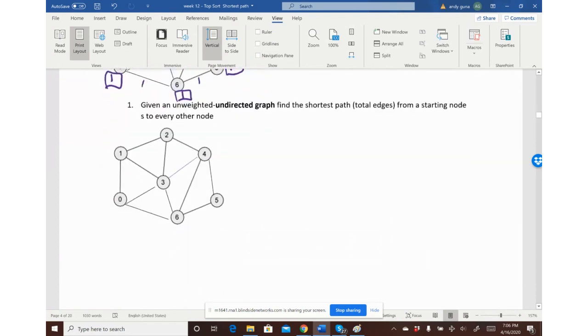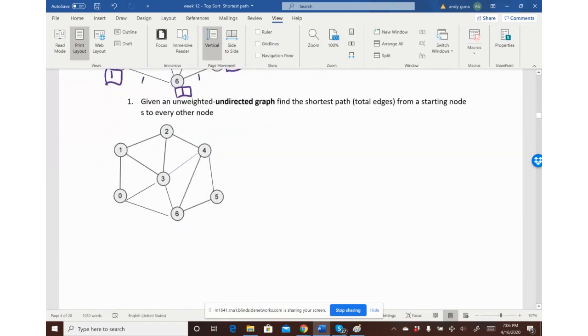So I would like you to take a minute to mark the shortest path from 1 to every other node in this graph. That should be, hopefully, something you'll quickly figure out.